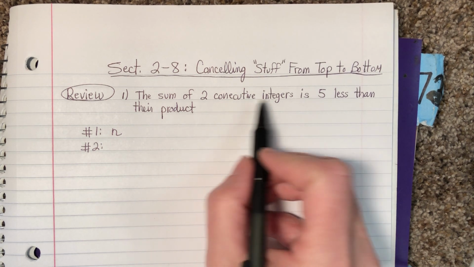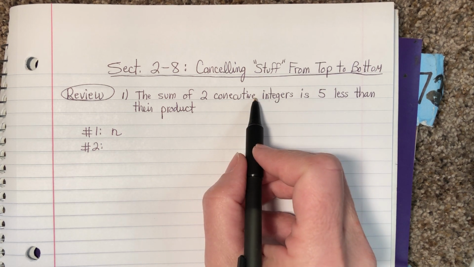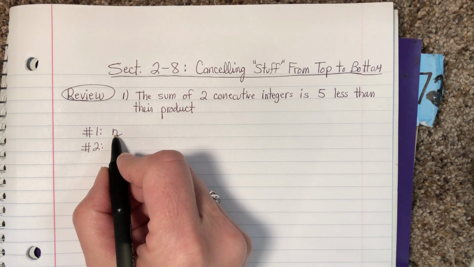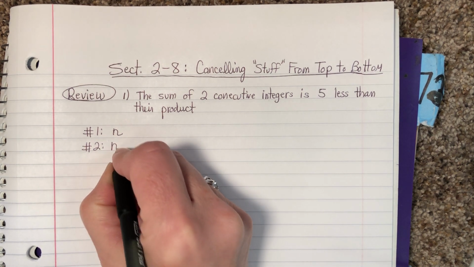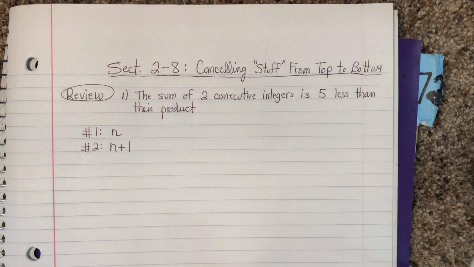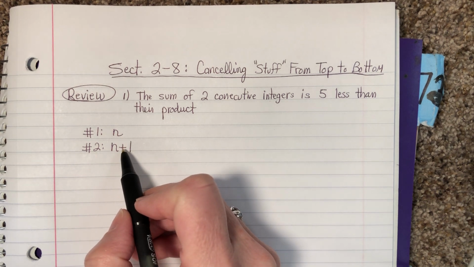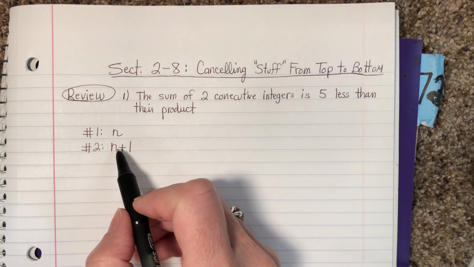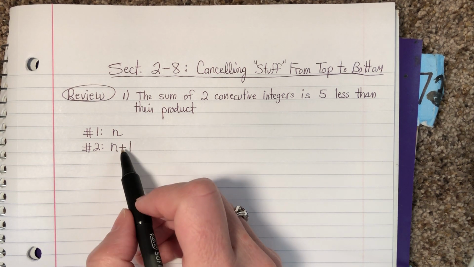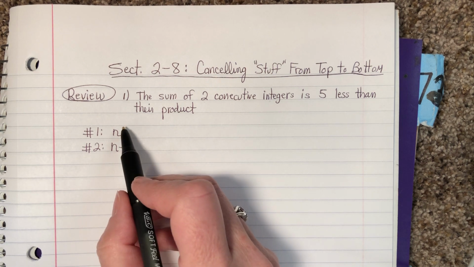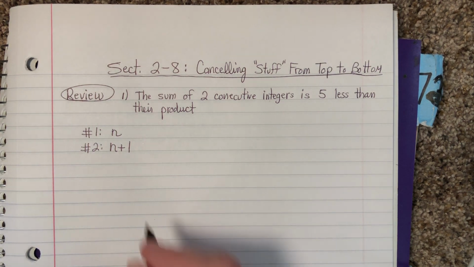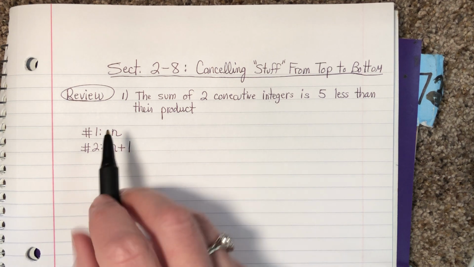That means one right after the other. There's no even or odd. So if this is n, the next consecutive one would be n plus 1. An example would be, if n were 5, this one would be 6. 5 and 6 are consecutive integers. Or 7 and 8, or 9 and 10. Or -5 and -4.